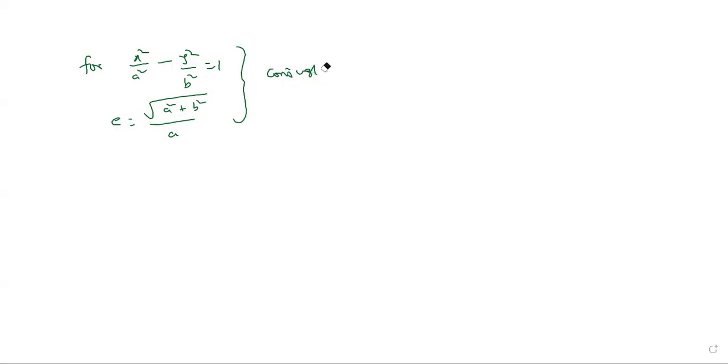For conjugate hyperbola, x squared by a squared minus y squared by b squared is minus 1. Then e is under root a squared plus b squared by b.